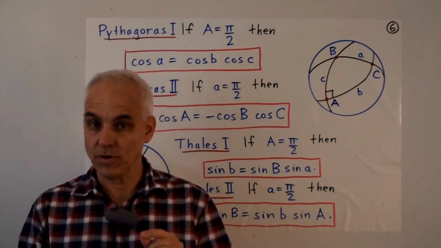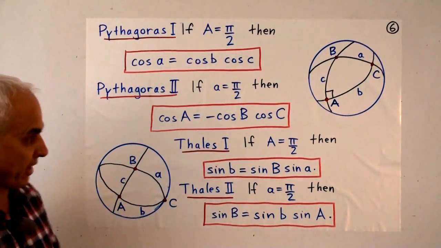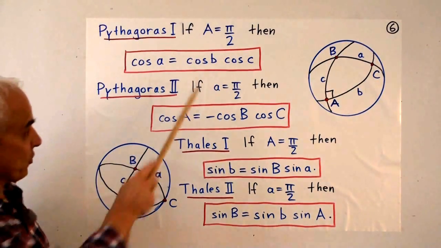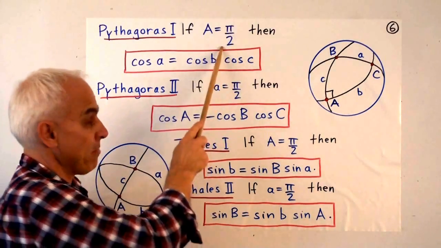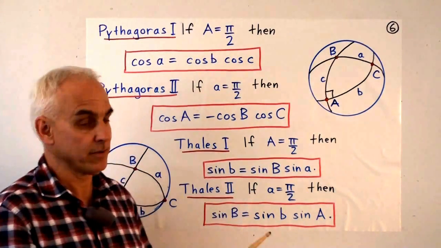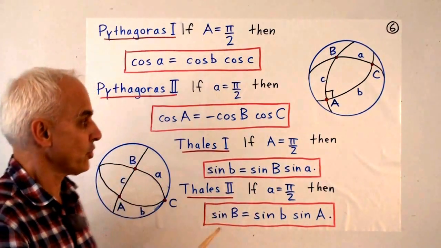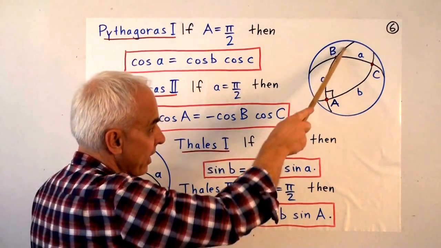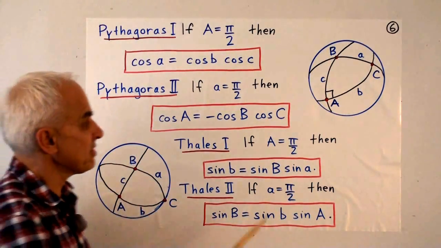There are also two Pythagoras' theorems having to do with a right spherical triangle. So the first one is that if this angle A is pi by 2, in other words, if that's 90 degrees, or a quarter of a turn in turn angle language, or in other words, if this line and this line are perpendicular, well, then there's some special relationship.